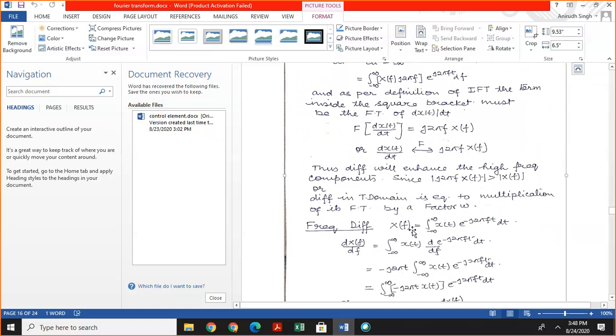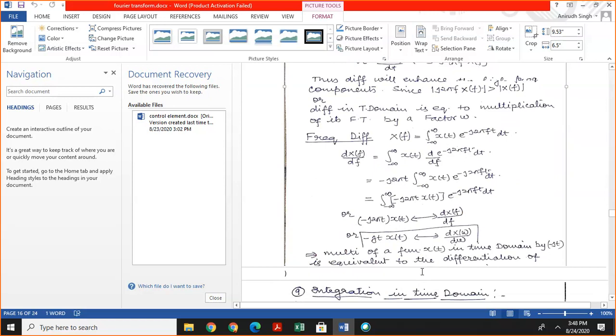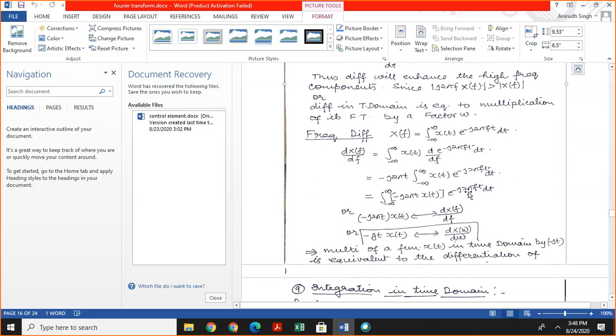Frequency differentiation. In frequency differentiation, x of f is given by integration minus infinity to plus infinity x of t exponential minus j 2 pi f t dt. If we differentiate this with respect to f, we get minus j 2 pi t. We get this expression.